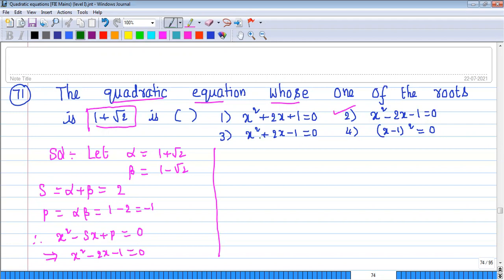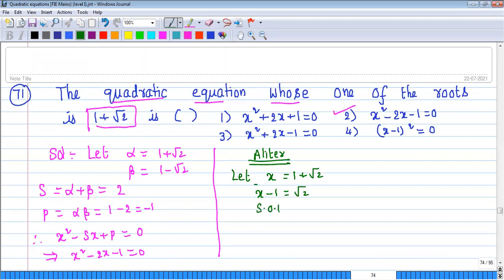So now I go to the editor. That is nothing but the alternative method. So let us say x is equal to 1 plus root 2. Bring minus 1 to this side: x minus 1 is equal to root 2.